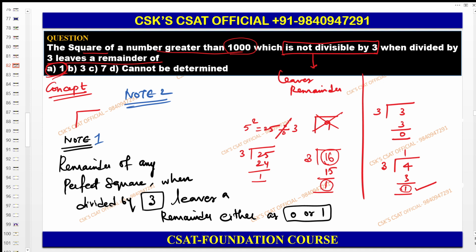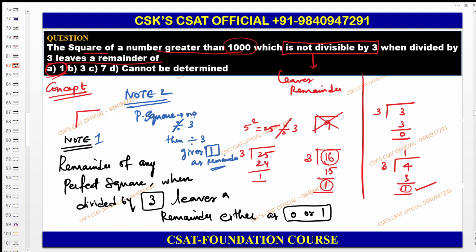A perfect square number which is not divisible by 3, when divided by 3 gives 1 as a remainder in all the cases. Clear? Note 1, note 2, everyone taken?